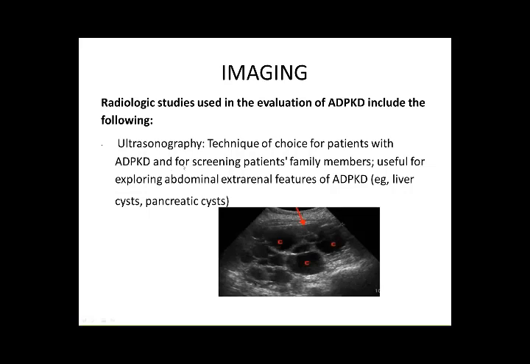So the best screening test for diagnosis of polycystic kidney disease is ultrasound of abdomen. Ultrasound always shows multiple cysts in the kidneys, and cysts in the liver, the pancreas, and the spleen can also be seen in a patient with polycystic kidney disease.